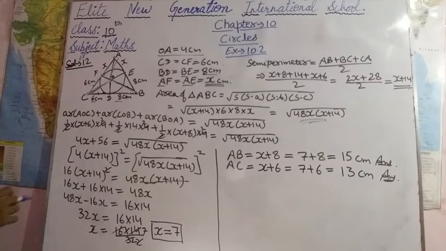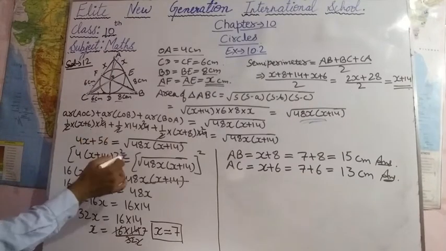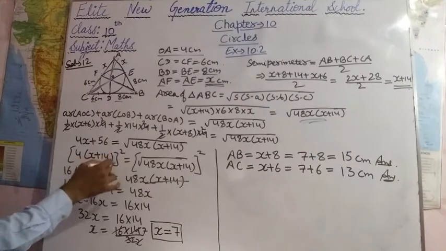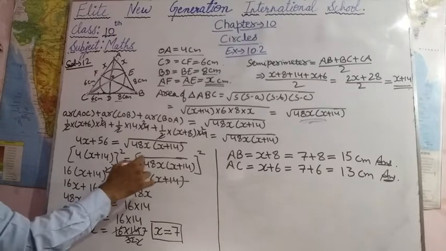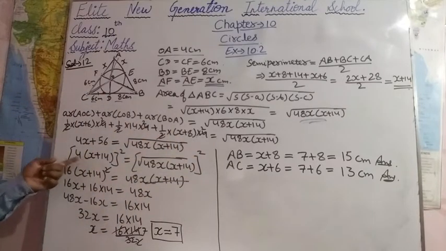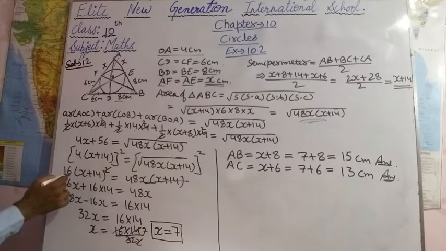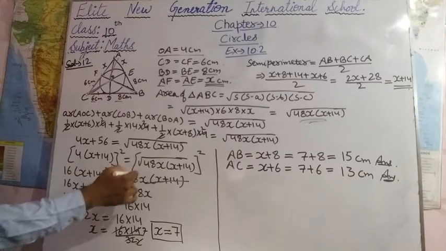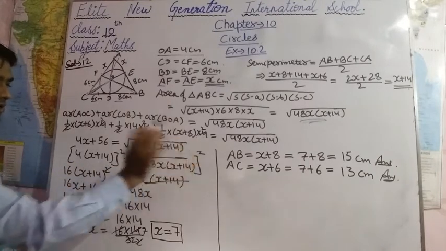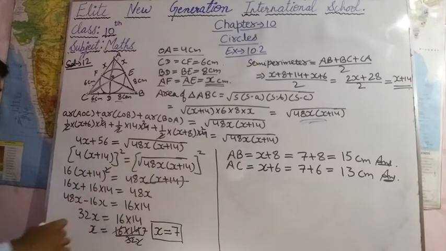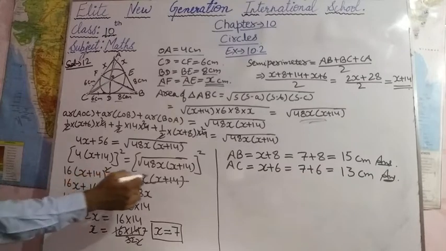So here, by solving this, we square both sides. On squaring both sides, it will be 4 into x plus 14 whole square, and on the right side under root 48x into x plus 14 whole square. So on squaring, it will be 16 into x plus 14 whole square equal to, since the under root and square cancel, 48x into x plus 14.